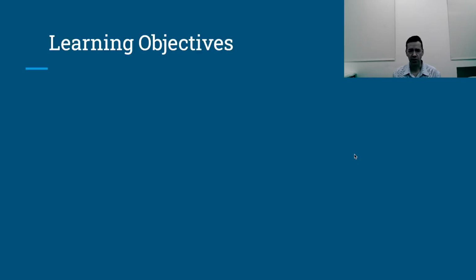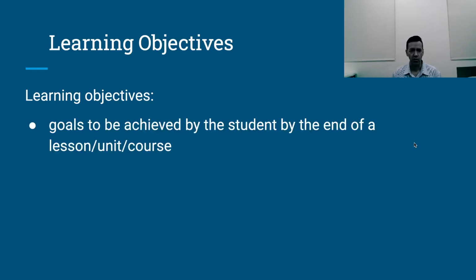So in terms of learning objectives, we know that they are the goals to be achieved by the student by the end of the lesson or the end of the unit or the end of the course. But for our purposes today, we are talking about the objectives for this particular lesson.